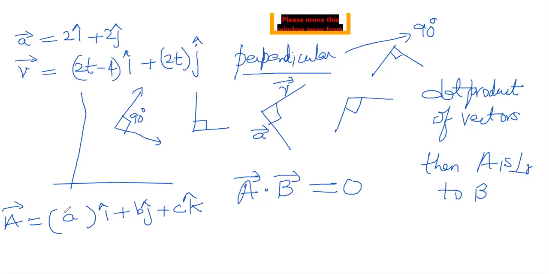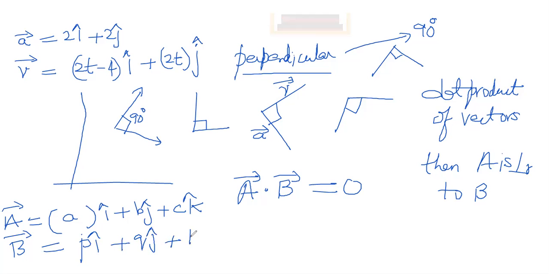I'm telling you three-dimensional so that you will understand two-dimensional too easily. Another vector, B bar, let us write it as P i cap plus Q j cap plus L k cap. This is how a vector looks in general.